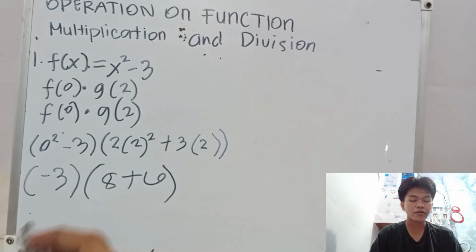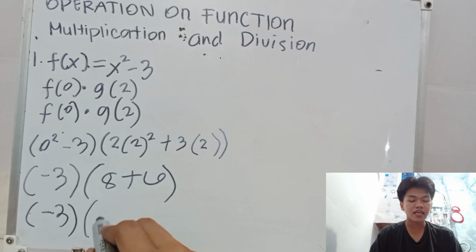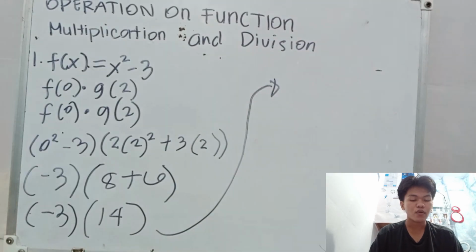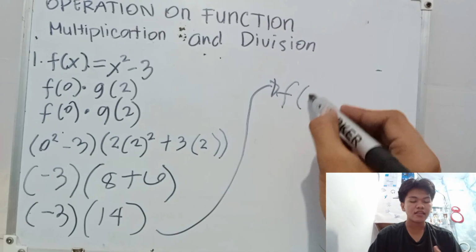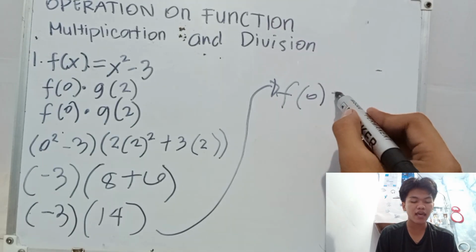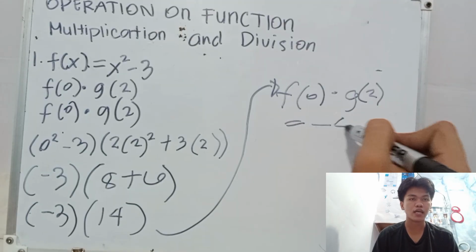So copy the negative 3, and 8 plus 6 is equal to 14. Therefore, your f of 0 times g of 2 is equal to negative 42.